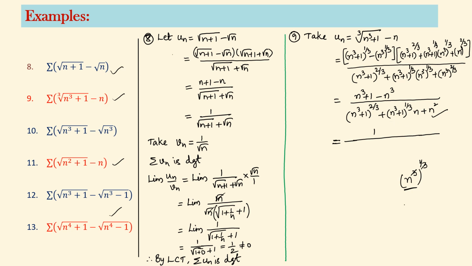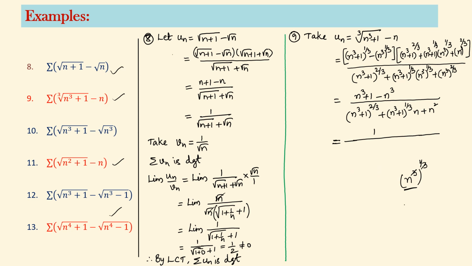So n and n I can take common, that is n square. From the third term also, I can take n square common. From this term also I can take n square common. If I take n cube outside, this will become (n cube) power 2 by 3, which is equal to n square. So from all three terms, n square is common.